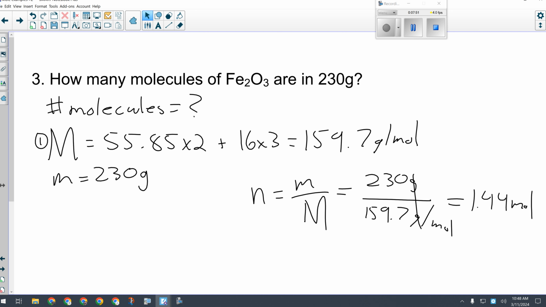Okay, and as we just said, I want to get a big number. Number of molecules is going to be a big number. So I'm going to take the number of moles, and I'm going to multiply it by Avogadro's number.